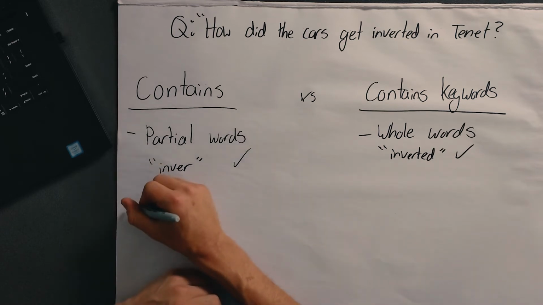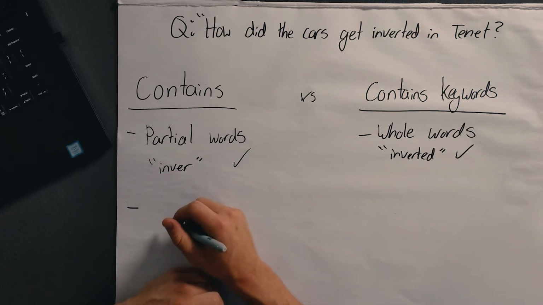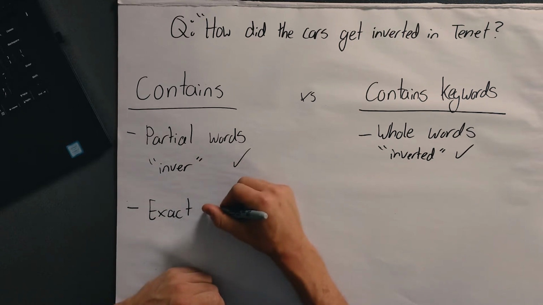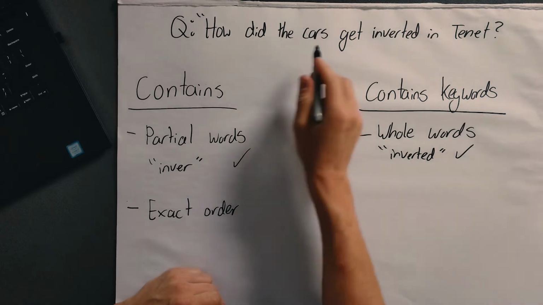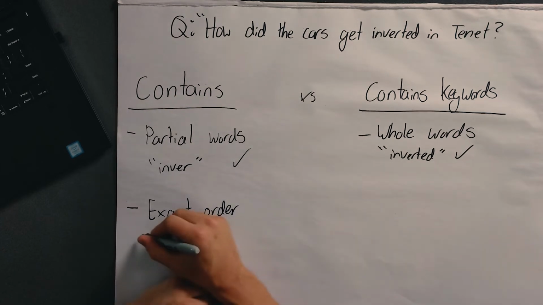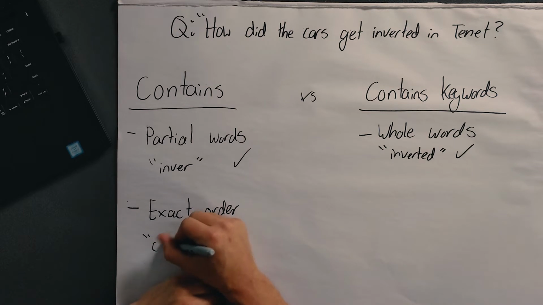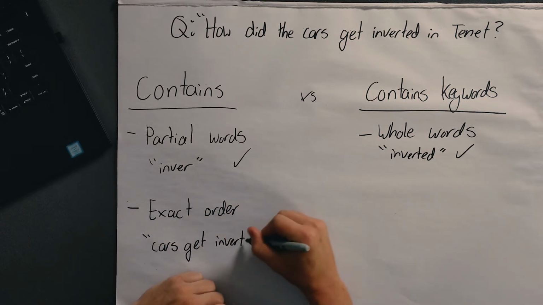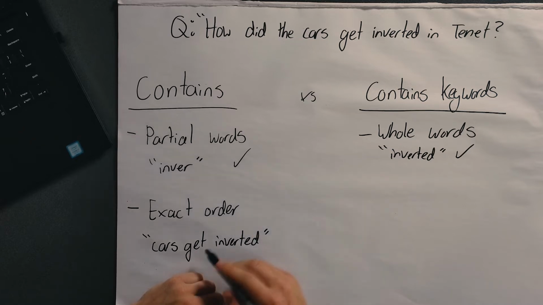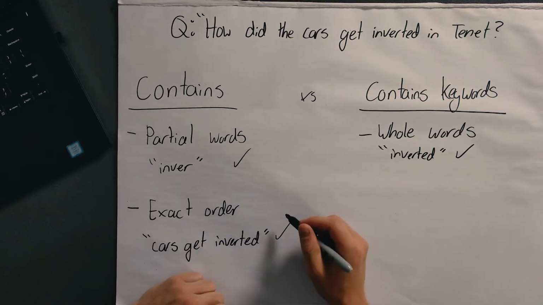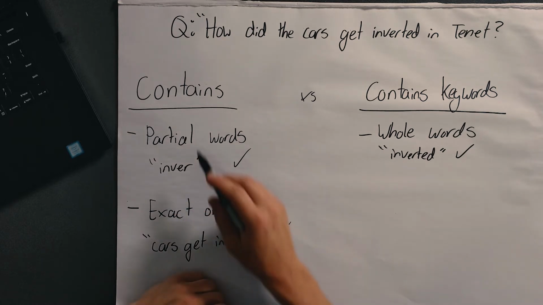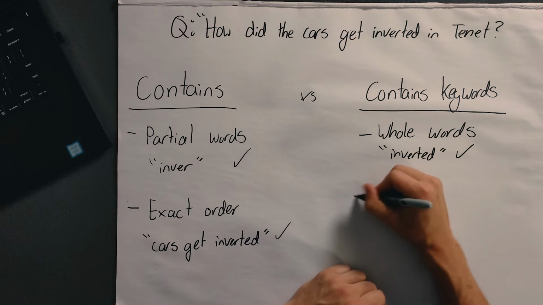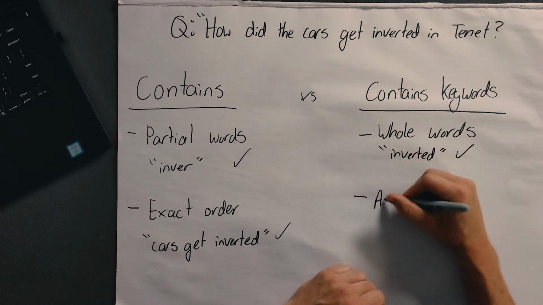Now, the other difference that the contains clause has is that the words have to be in the exact order that they are in the question. So, for example, "cars get inverted." Now that would be returned, with this exact order requirement of the contains expression. But with the contains keywords, any order will do.